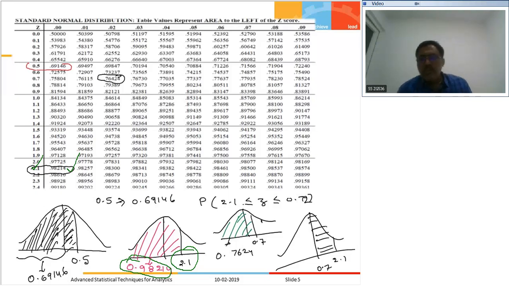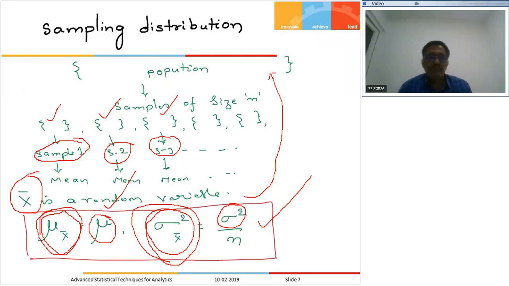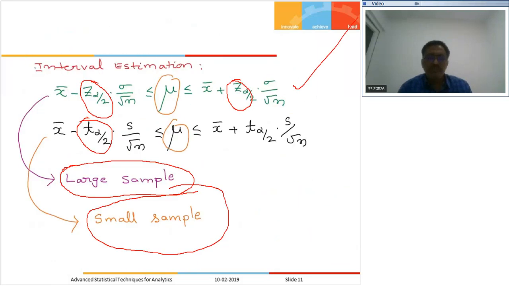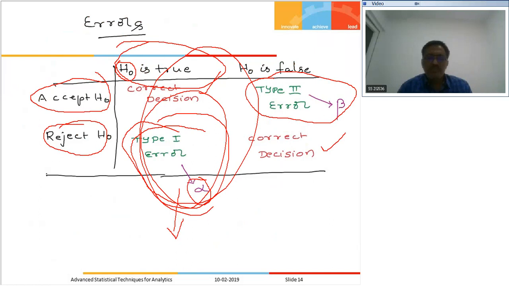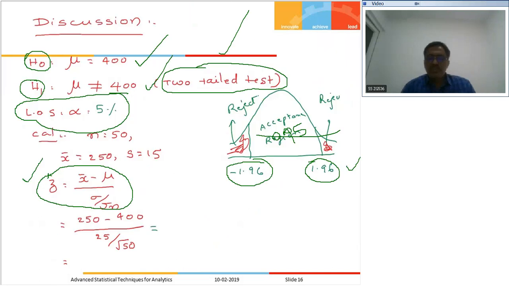So now, because here we know alpha and 1 minus alpha, that means we know the area under the normal curve, that means we know the probabilities, then we have to find the Z values. We go back to this one. Now you know this is 0.95, and this is 0.05 by 2.